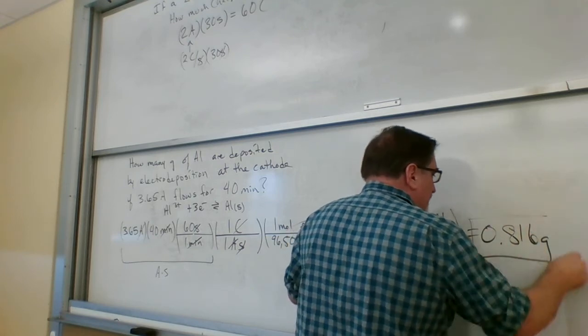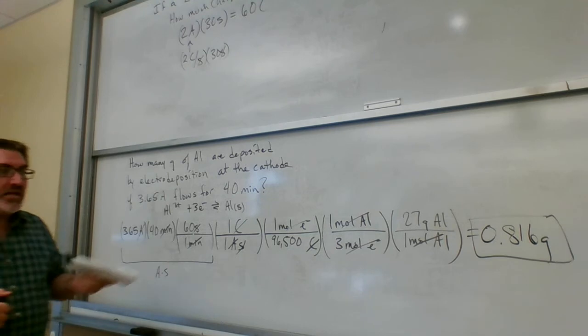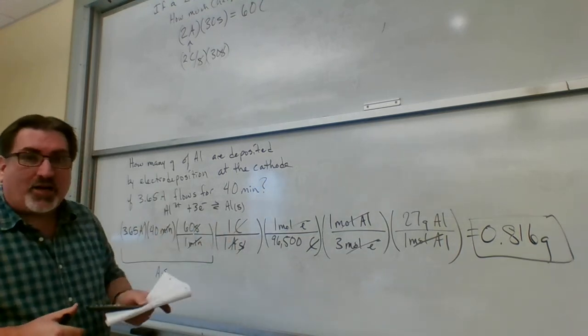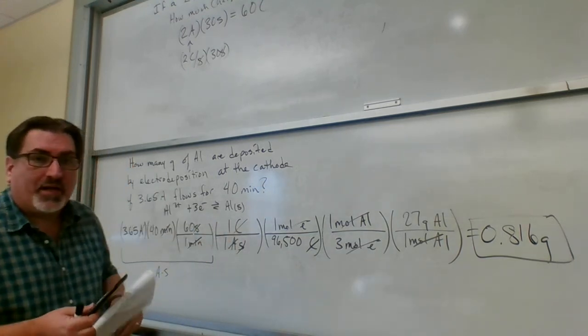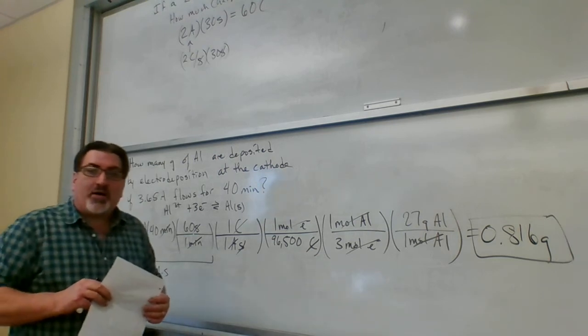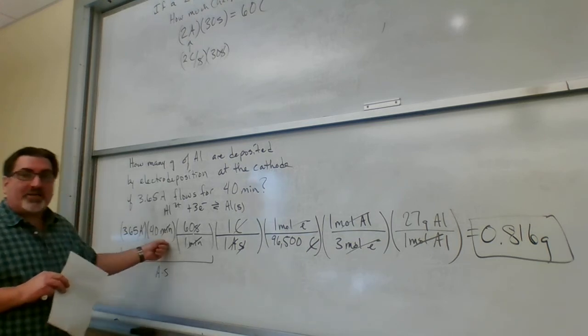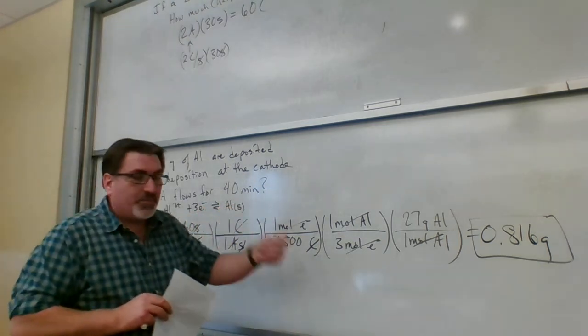Which is not very much aluminum. It's not a very big current. It didn't run for very long. When they do this on an industrial scale, which is how they make aluminum, how they purify aluminum, they run huge power lines into these factories because it takes a lot of juice, a lot of electrical current to produce aluminum.